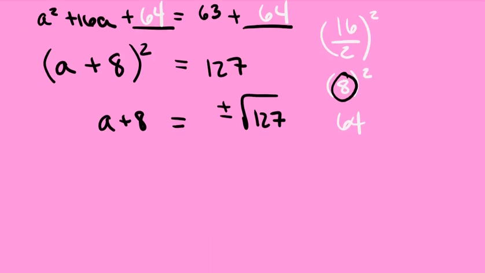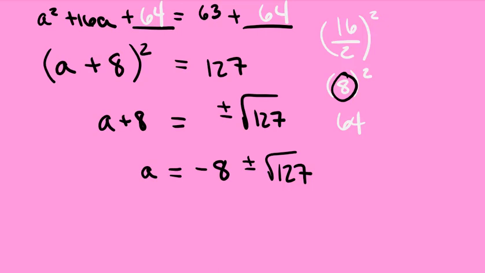Now, take the 8, move that to the other side, so we'll subtract 8, and that will go first. So negative 8 plus or minus the square root of 127. In this particular example, 127 is actually a prime number, so we can't do anything else with that at all. We're done.